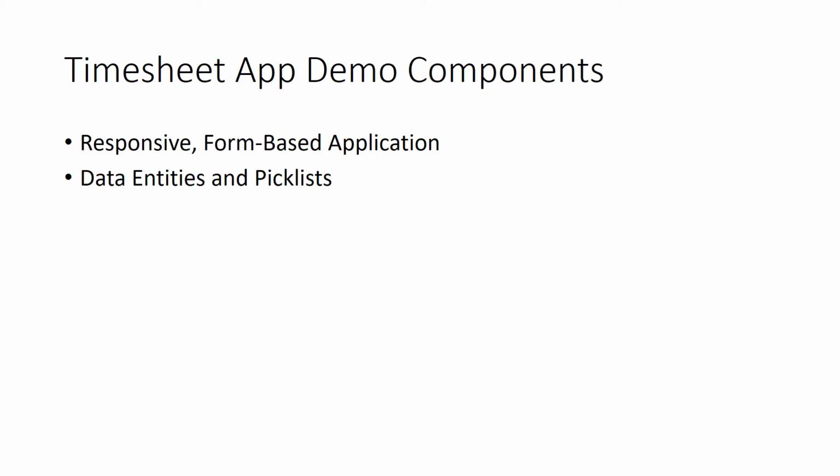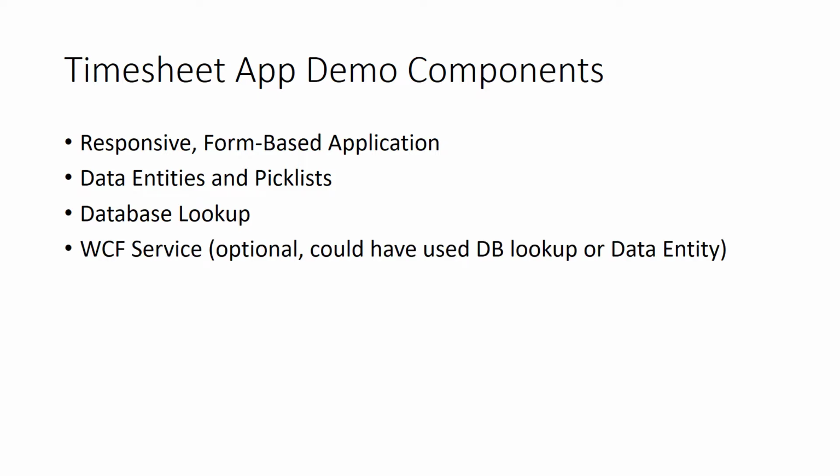But for today's demo, we're going to use a few different components. The first being AgilePoint's data entity and pick lists. This is our built-in data modeler that helps us reduce the technical bar for creating a custom business app and will help us automate a large chunk of this application's design. We'll also look up data against a database. We'll bring in data from a WCF service.